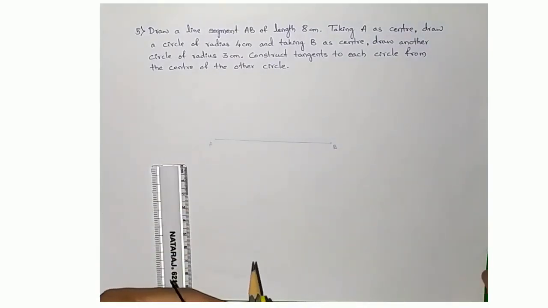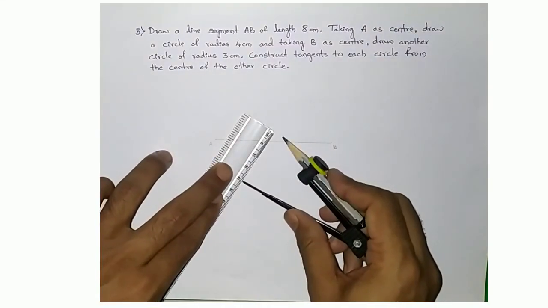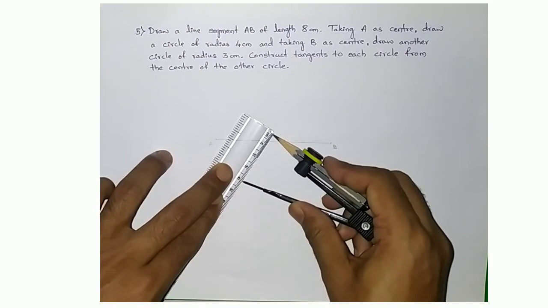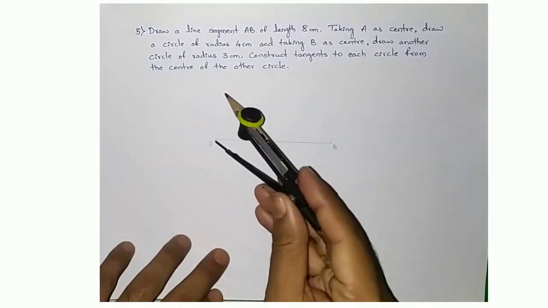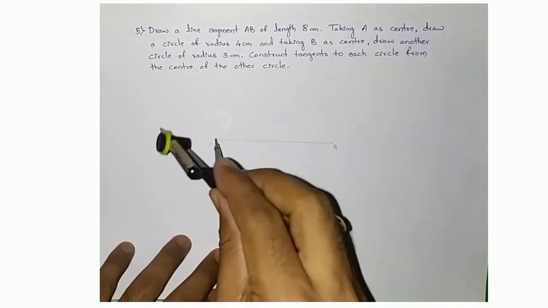Okay, from A as center, draw a 4 cm circle. Taking A as center, draw one circle.